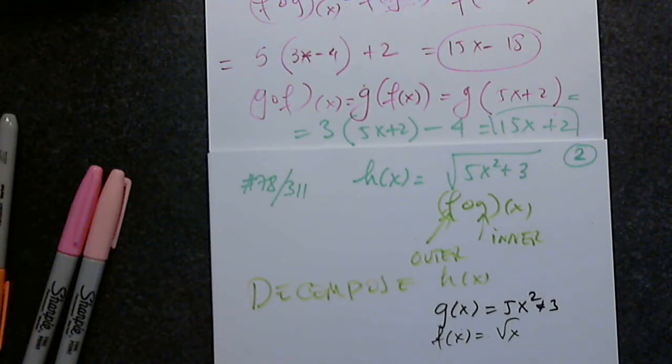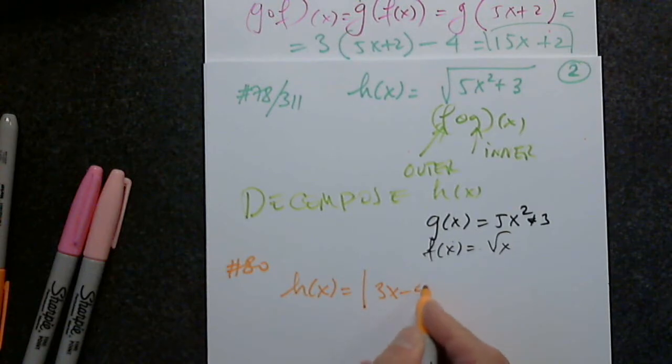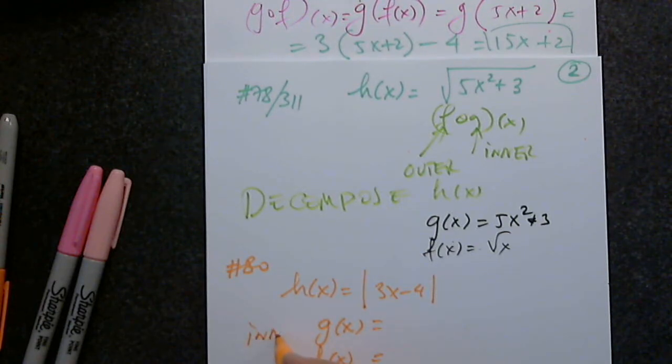So here's 80. Same page. I would like you to decompose this. h of x is the absolute value of 3x minus 4. I would like you to give an inner, and I would like you to give an outer, as if you are evaluating.